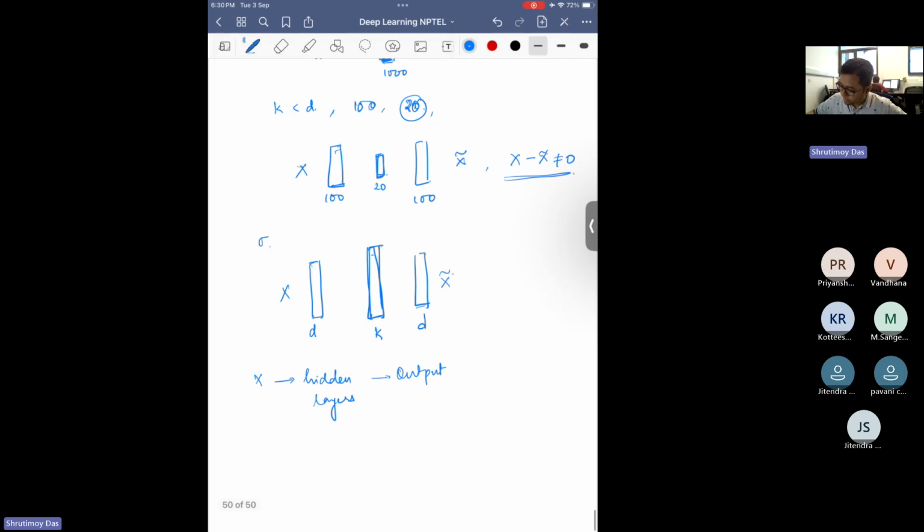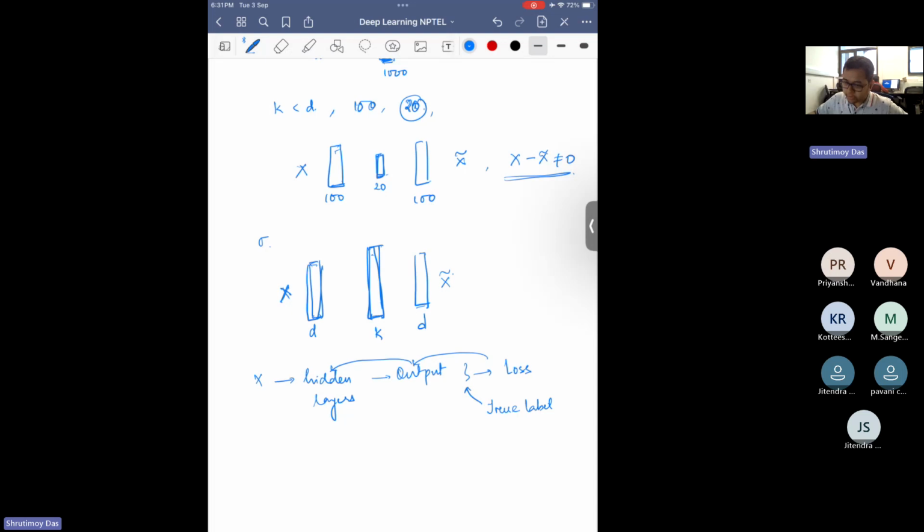Then you compare it with the true label or true score, and then you compute the loss. Then you backpropagate the loss, so this goes to your output, this goes to your hidden layer, and you update the weights. This process continues until you are satisfied. Now in this case, our input is x.